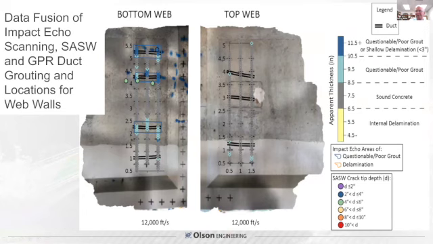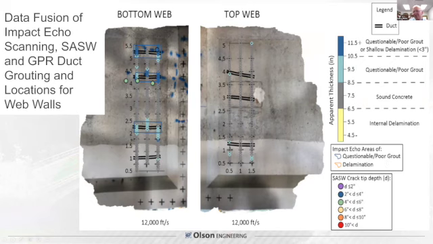And as you look here, it's questionable or poor grout with a solid delamination, 2 possibilities. But if you're right over the duct, you're pretty sure that's an area of concern for grouting, as these results are showing. And then here, sound concrete versus questionable or poor grout, not quite as severe a change. And those are all plotted, as you can see by the diamond colors.